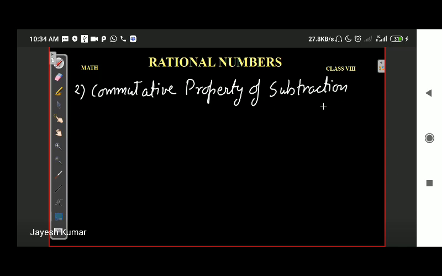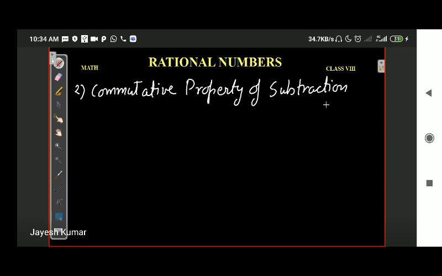So what is commutative property? Commutative property for subtraction does not hold ground. As I told you earlier in the addition part, the commutative property for subtraction does not hold ground. How do we express it? Let me help you with an example.